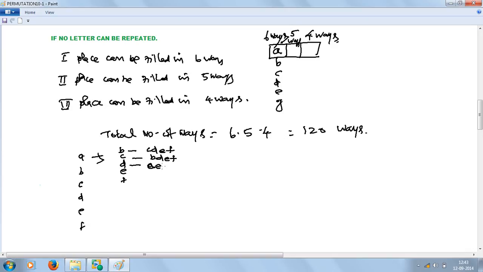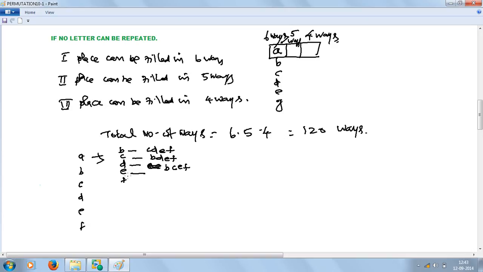Because A and D are used, you can put B, C, E, F. What about the next one, E?